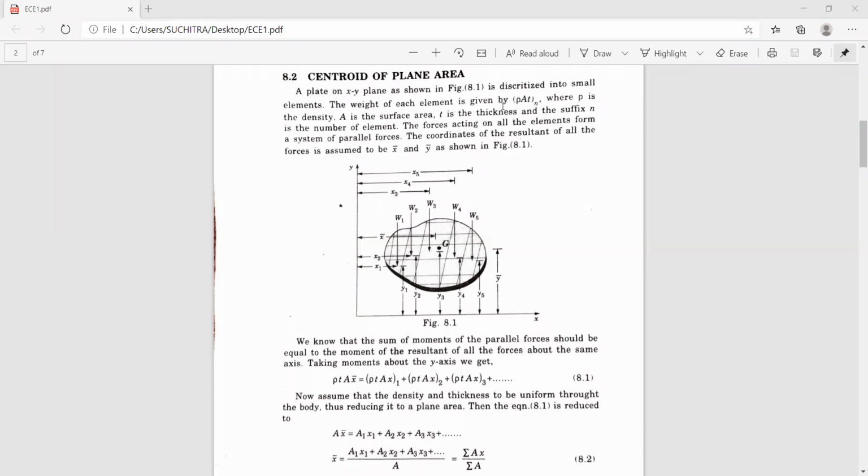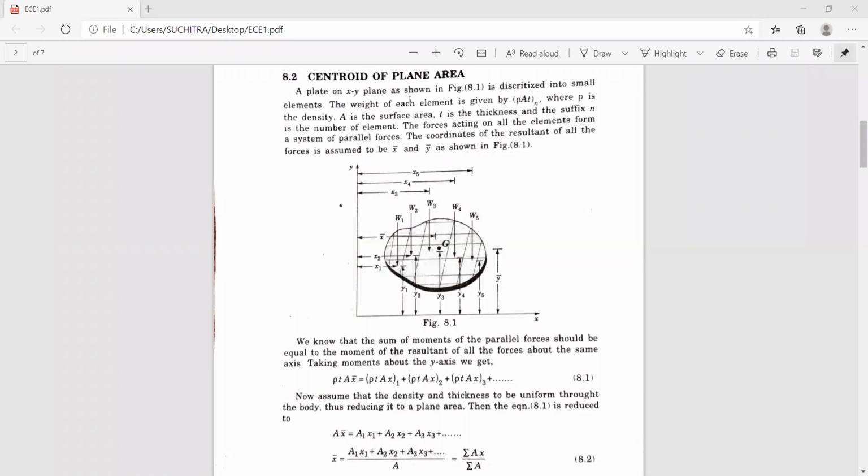The weight of each element is given by rho into area into thickness, correct? Where rho is the density, A is the surface area, T is the thickness, and the suffix N is the number of small elements.